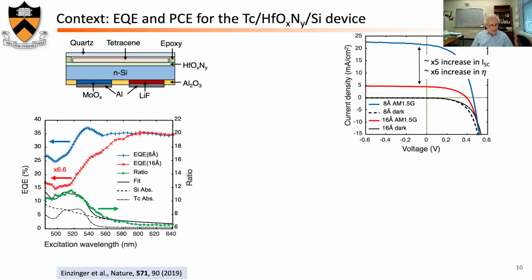So everywhere in the larger wavelength part of the excitation, the ratio between the two is about 6 or 6.6 or so.